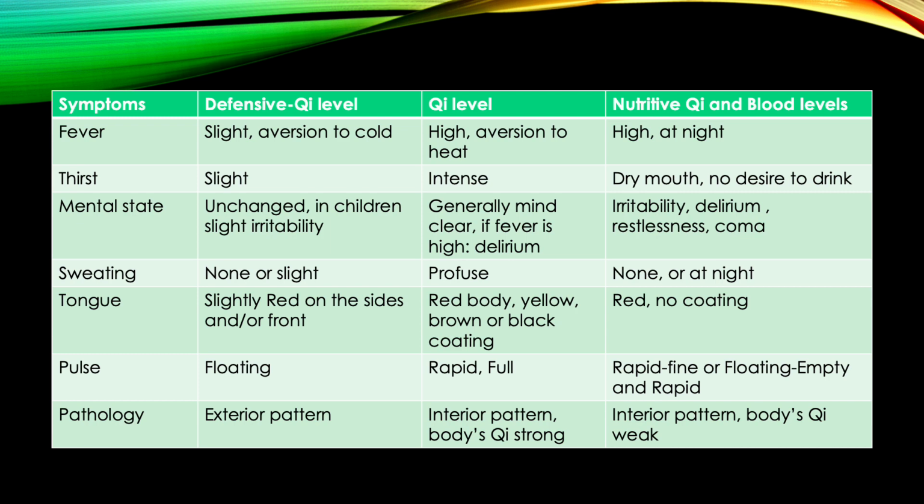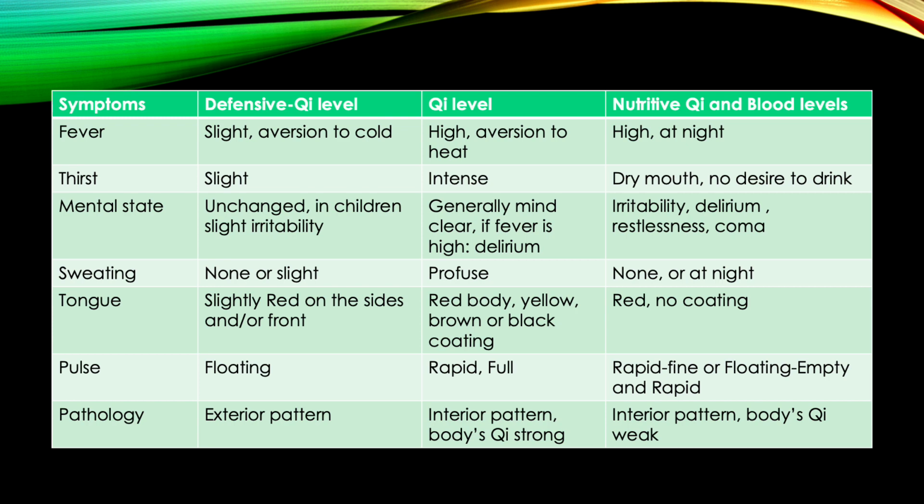The tongue at the defensive qi level: slightly red on the sides and/or front. At the qi level, the tongue has red body with yellow, brown, or black coating. At the nutritive qi and blood levels, the tongue is red, no coating.